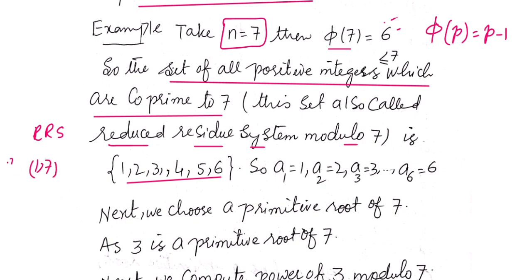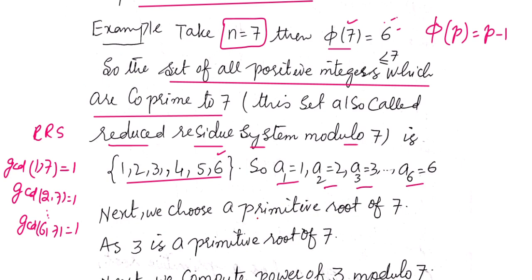Coprime means its GCD should be equal to 1. GCD of 1 and 7 is 1, GCD of 2 and 7 is also 1, and so on, GCD of 6 and 7 is also 1. These are the 6 integers, counted by phi of 7. So let a1 be 1, a2 be 2, a3 be 3, up to a6 be 6.